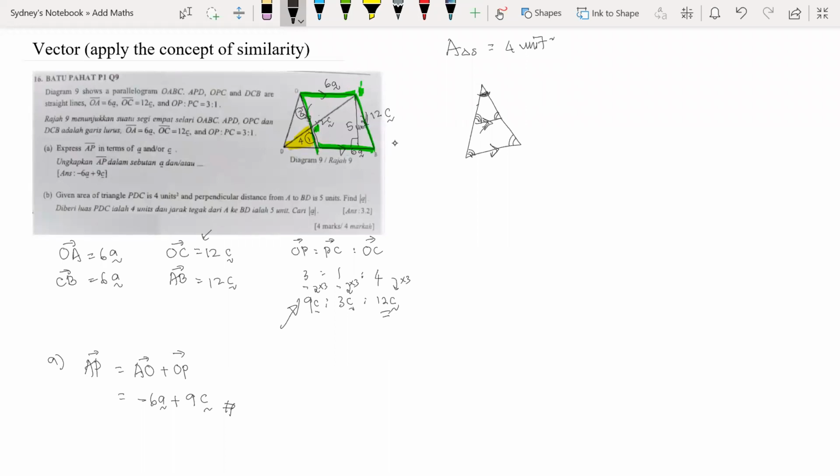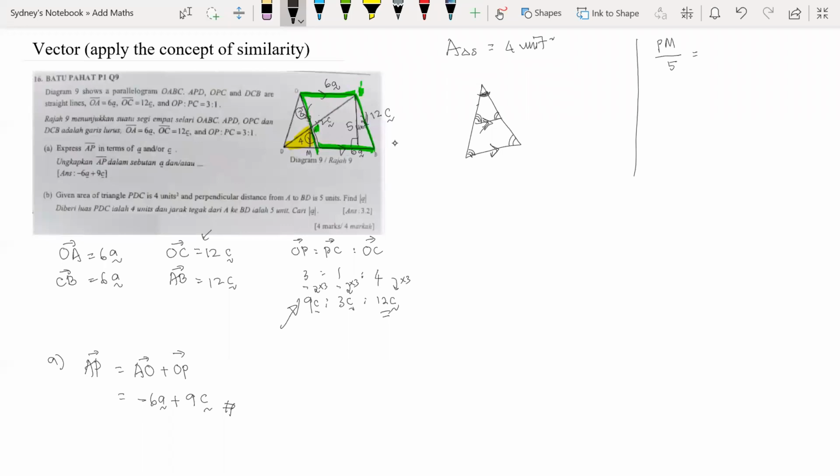So with that, we can use the concept of similarity to find things. Given the perpendicular height of the big triangle, we can find the perpendicular height of the small triangle. Let's label it as PM. So we know that PM, the perpendicular height for the small triangle, over the perpendicular height for the big triangle, which is 5 units.